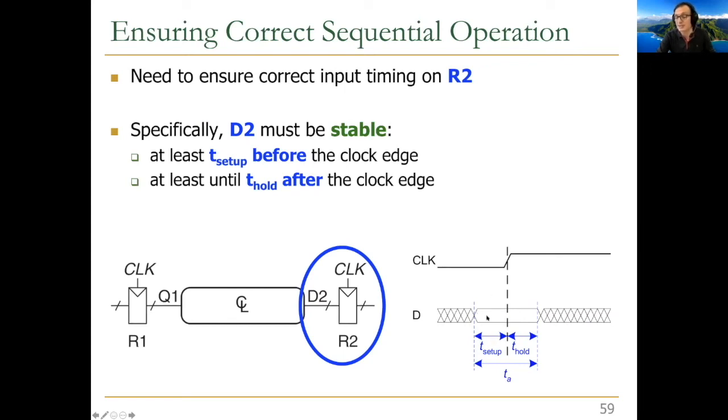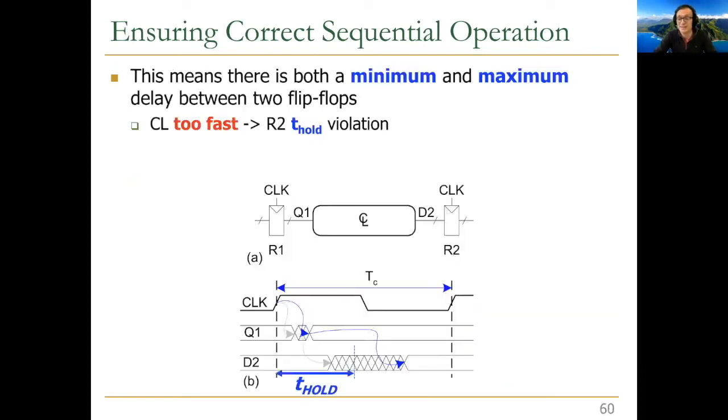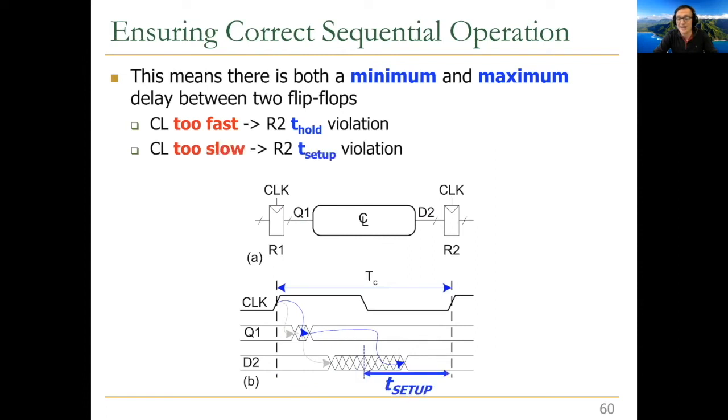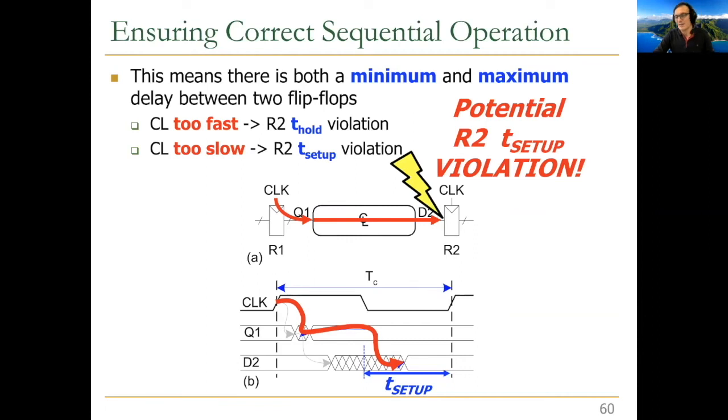Otherwise, we may sample something wrong, or we can become metastable, as we discussed, right? So basically, we want to ensure that clock to D2 over here doesn't violate the T setup, right? And we're going to write up equations to ensure that, basically. And we want to ensure that we don't violate that T setup.